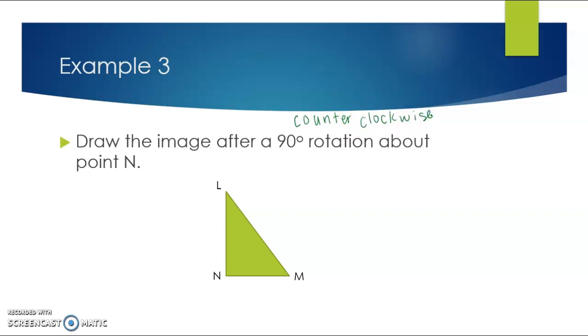But we could do a clockwise rotation as well. So counterclockwise means that I'm going that way, the opposite direction that a clock's hands move. And so this time point N is staying put. Point N is staying where it is. Now 90 degrees is moving 1/4 of the way about a circle.